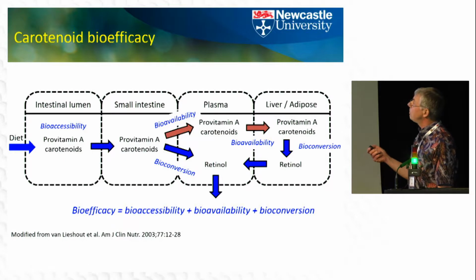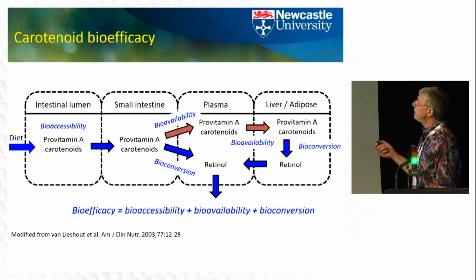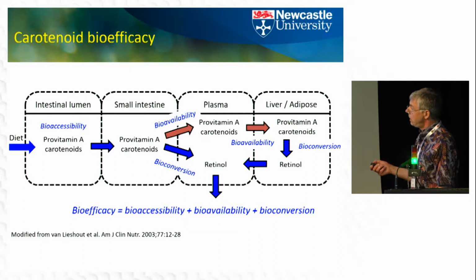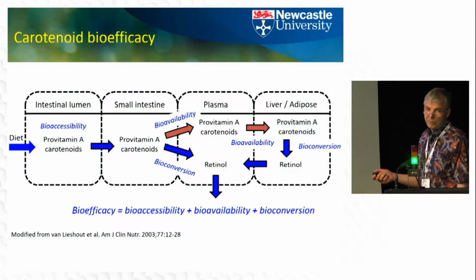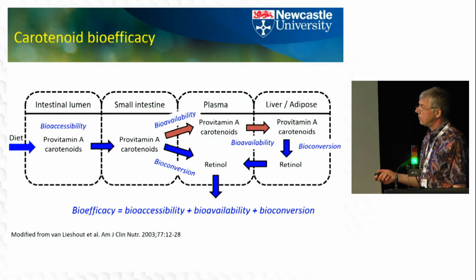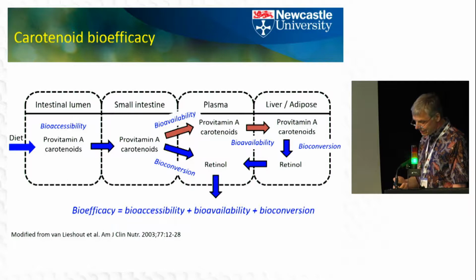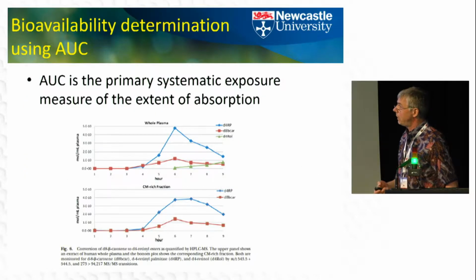And then from the plasma, they need to be taken up by different tissues. And then we have re-secretion of certain components back into the circulation. And all of that together makes what we call the bioefficacy, that was defined by van Lieshout some years ago. But it's a combination of bioaccessibility, bioavailability, and bioconversion. So it's a complex process.